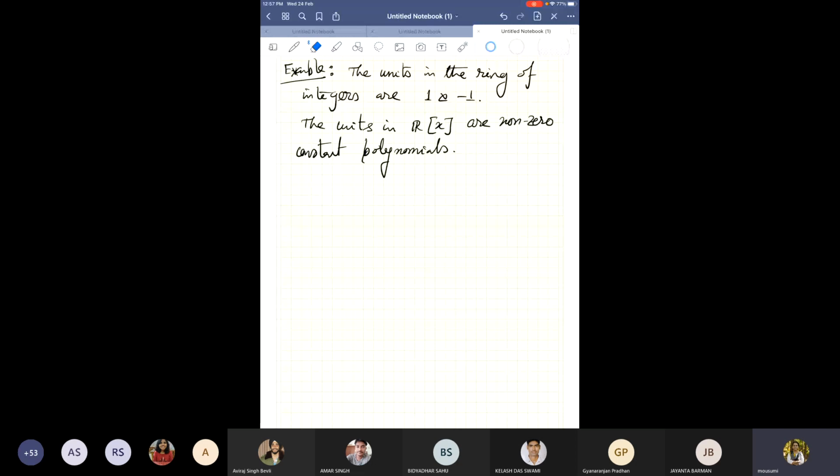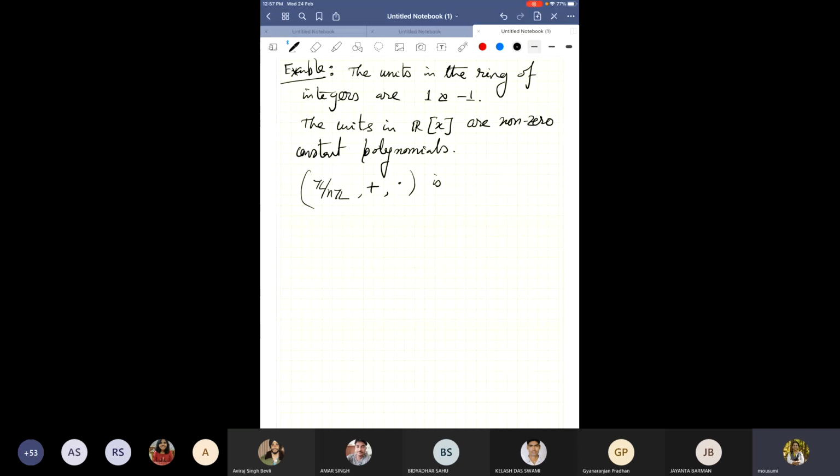Okay, fine. Now let us consider another example. Suppose I have Z quotient nZ. Does it form a ring? Yes, ma'am, with respect to congruence addition and congruence multiplication.